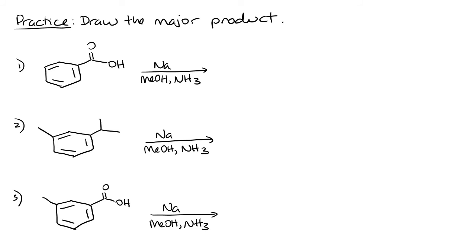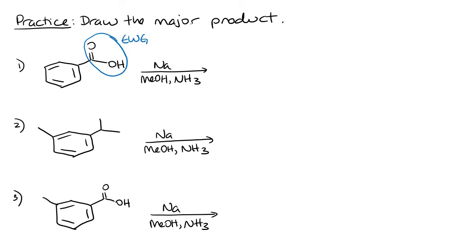So in our first one, we have our benzene ring, which is substituted with a carboxylic acid group. Now this carbonyl is capable of participating in resonance with the benzene ring, so it will pull the pi electrons up towards the oxygen atom. So by participating in resonance, it's actually going to make this carboxylic acid group an electron withdrawing group.